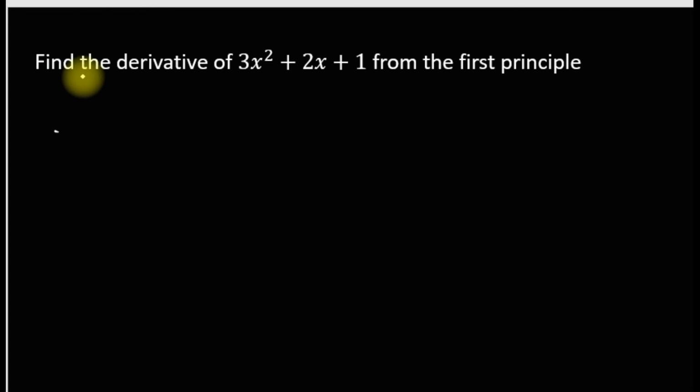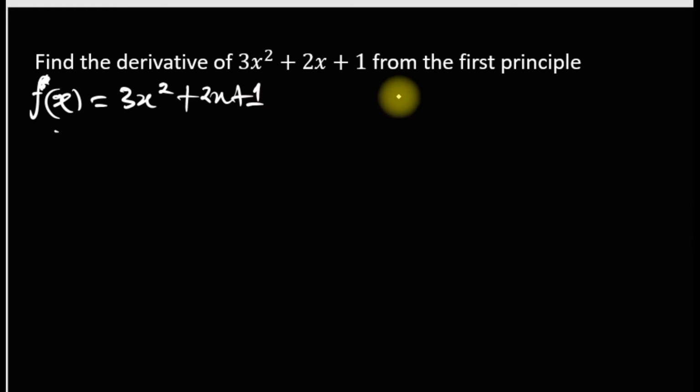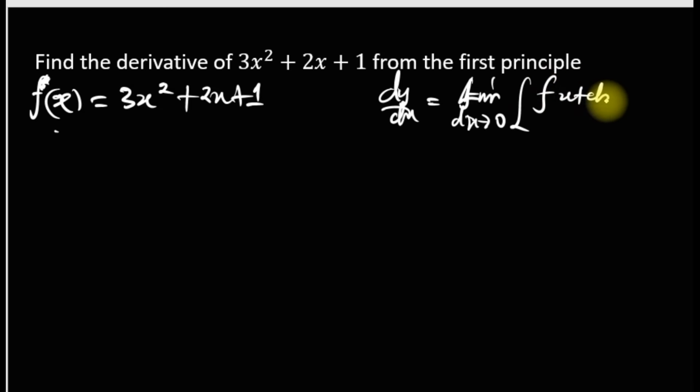Now the example: we have to find the derivative of 3x squared plus 2x plus 1 from the first principle. Okay, the function f of x equals 3x squared plus 2x plus 1. You remember that our derivative, which is dy dx, is always the limit of dx tends to 0 of f of x plus dx minus f of x all over dx.